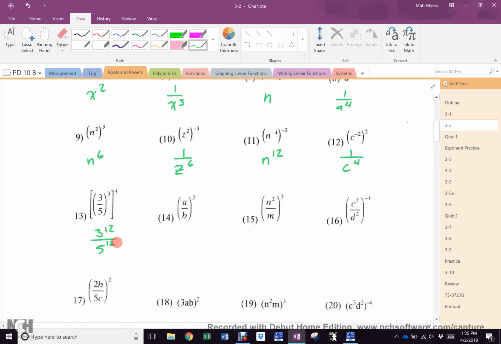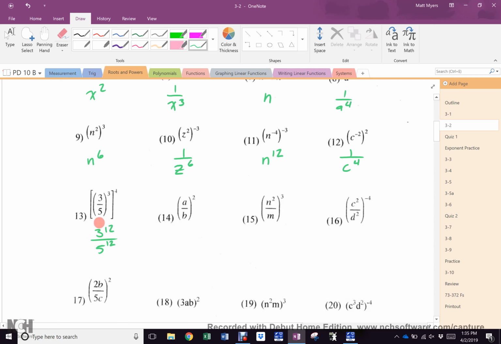Now, ladies and gentlemen, because these have numbers, not variables, you would technically evaluate it. But they're gigantic numbers. And some calculator screens, I don't think, even hold 5 to the 12th. So, if you just did that, I'm happy. Okay?